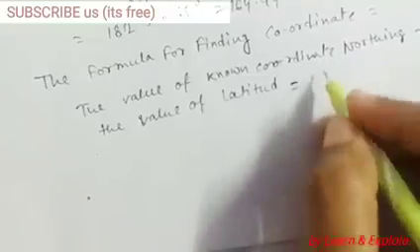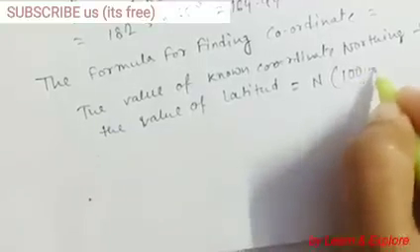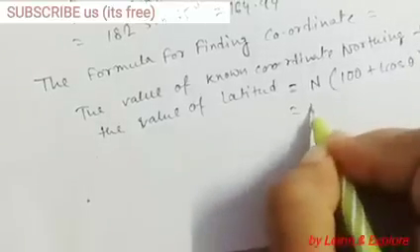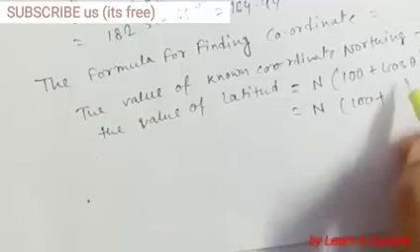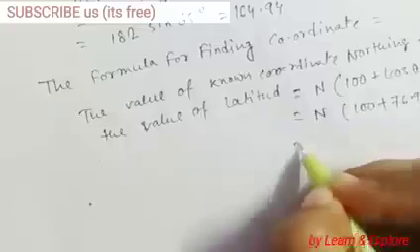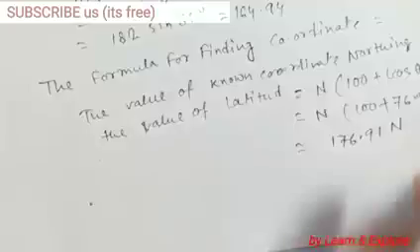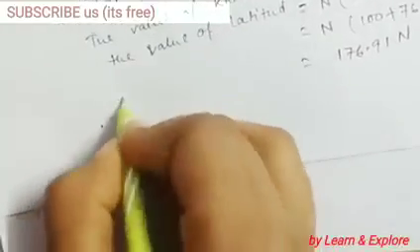Here we take 100 plus L cos theta, that is, the northing value will be 100 plus 76.91. So the northing value will be 176.91, and the easting value should be added with the departure value.